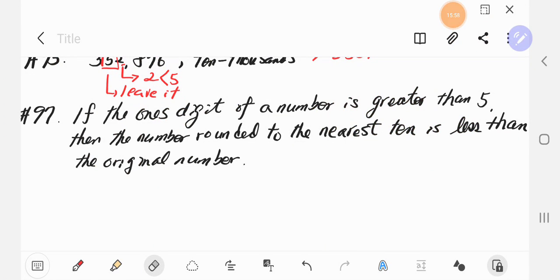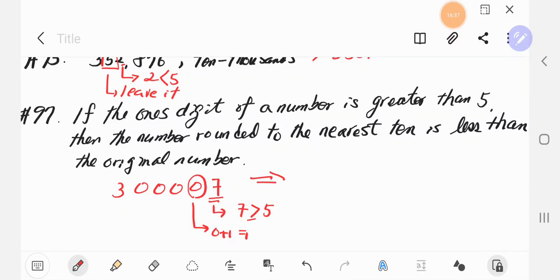Okay, if the ones digit of a number is greater than 5. So let's say we have a number, something like 3, 0, 0, 0, 0, whatever the number is. So the ones digit is greater than 5, so let's make it 7. So if the ones digit is greater than 5, then the number rounded to the nearest 10 is less than the original number. Well, since 7 is greater than or equal to 5, we need to increase the tens digit by 1.